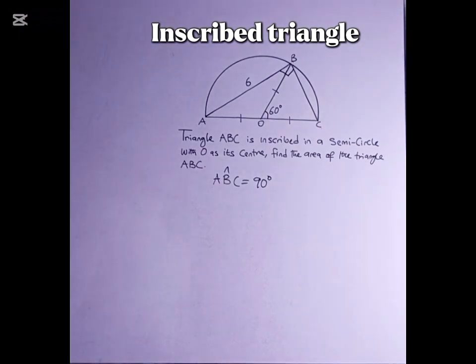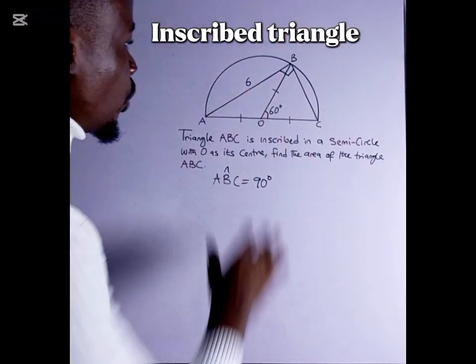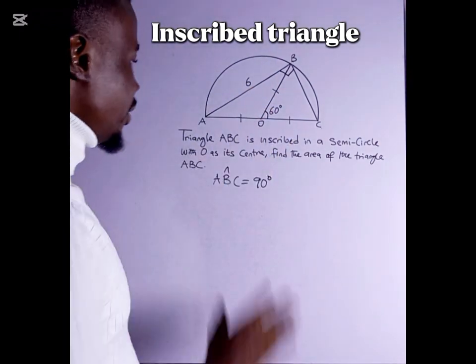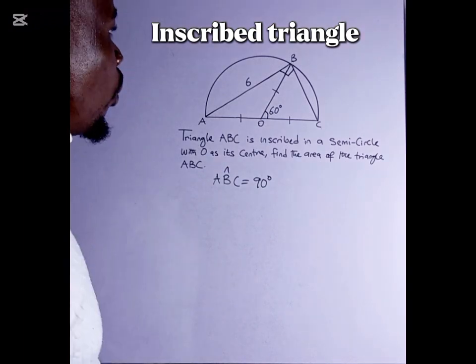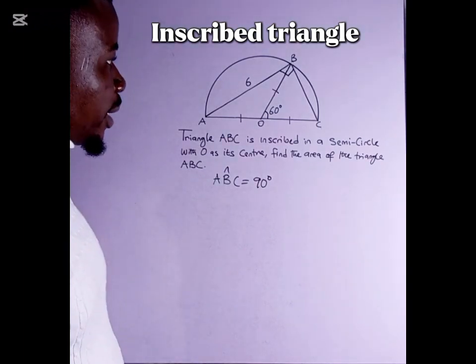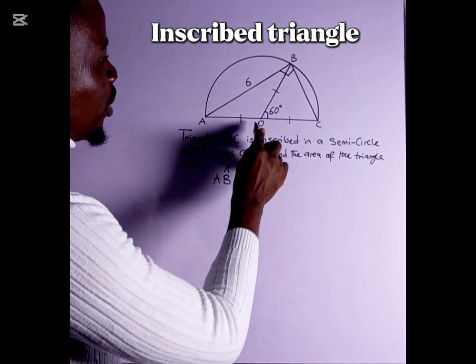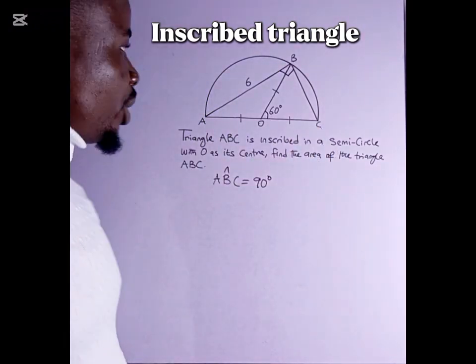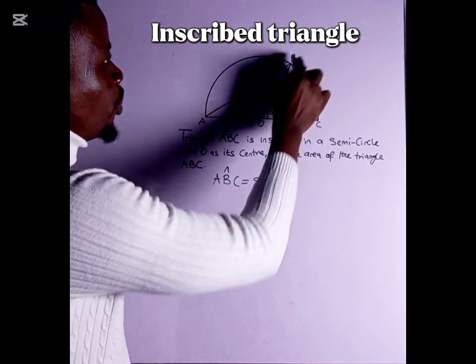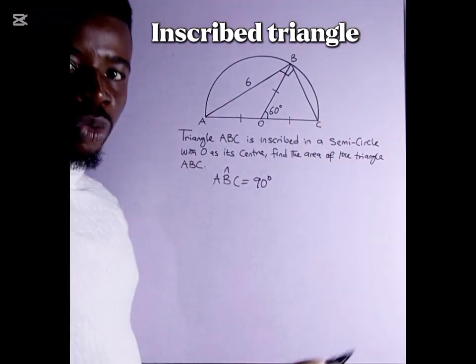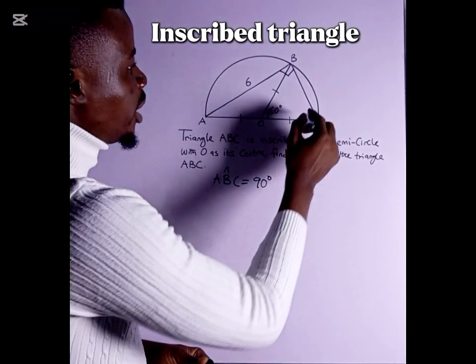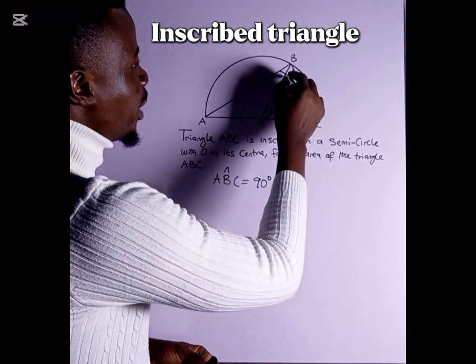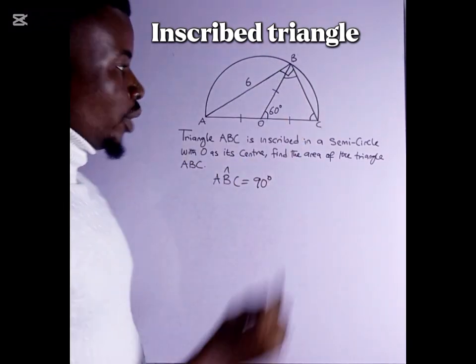So now we have gotten some useful parameters for this question. Now, what are we going to do next? If you look at this triangle OBC, it's an isosceles triangle because it has 2 sides, OB and OC, that are equal. So we can calculate the other angles of this triangle.